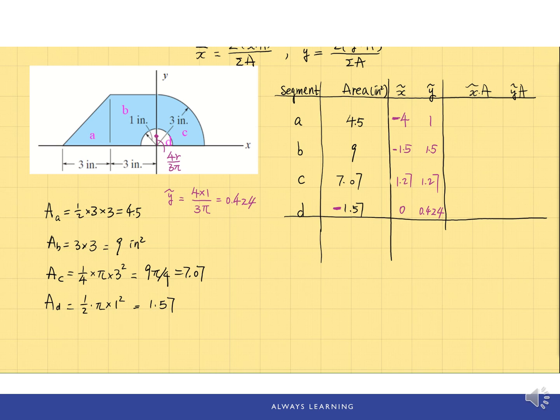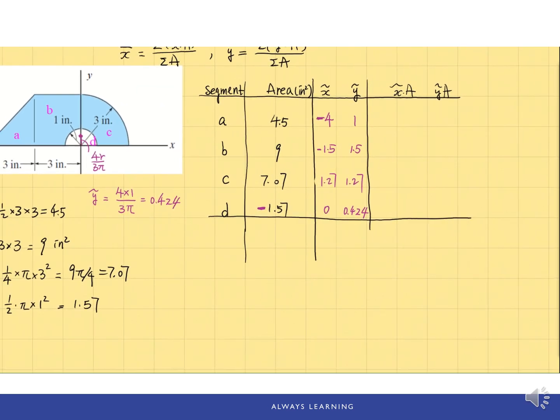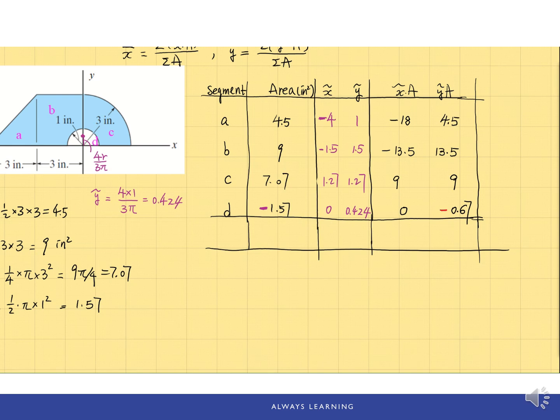And now we're ready to calculate the product of x tutor times A, and y tutor times A with the values we have here. Here, be very careful with the area D, which is a negative value. Not only when we calculate the sum of the areas, we need to subtract the value, but also when we use the A for other calculations, we also need to use the negative 1.57.